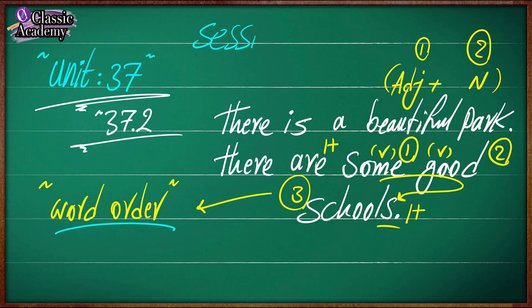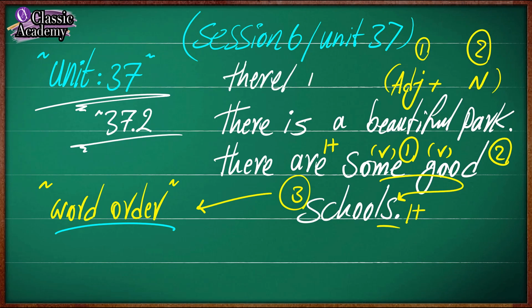Yes, of course, why not? Session 6, unit 37, and then add something to it. Like, well, there and it. And what are the uses and examples? You're going to make it perfect. After some time, you will see that you can control this as easy as ABC.